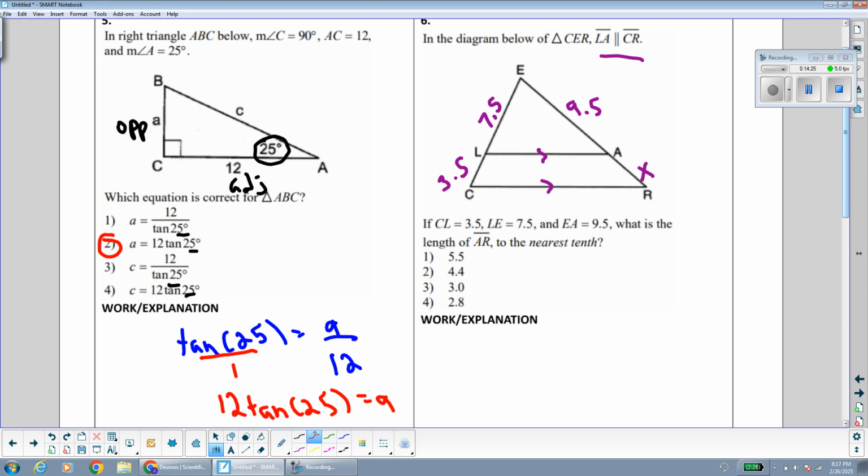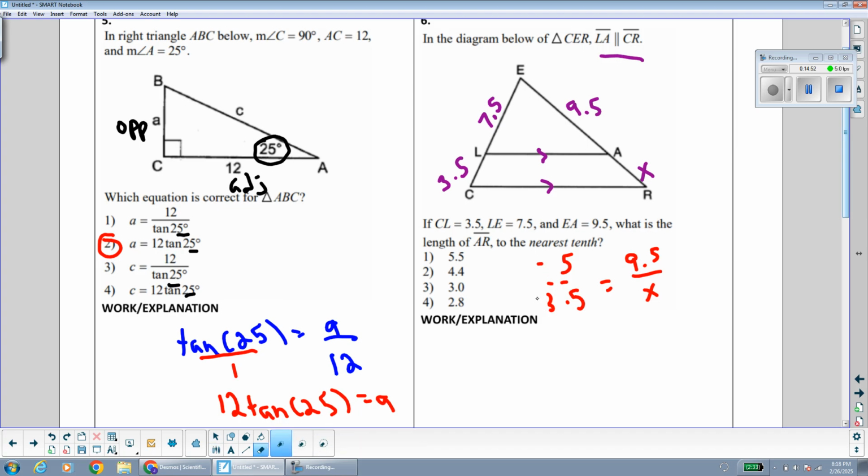This is what a lot of people do. Be careful. We have similar triangles. 3.5 is not from a triangle. LC is not a side of the triangle. It's a side of the quadrilateral at the bottom.